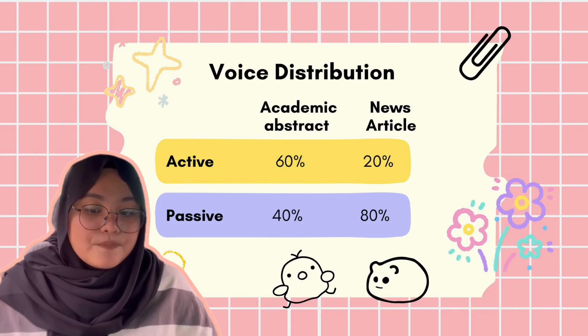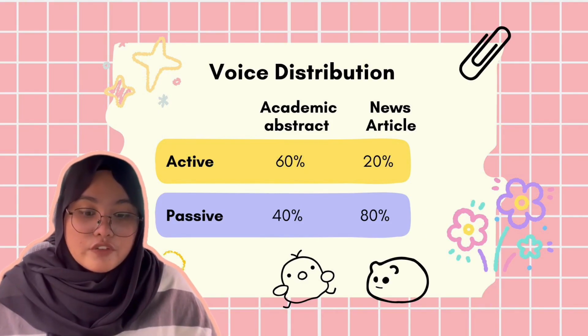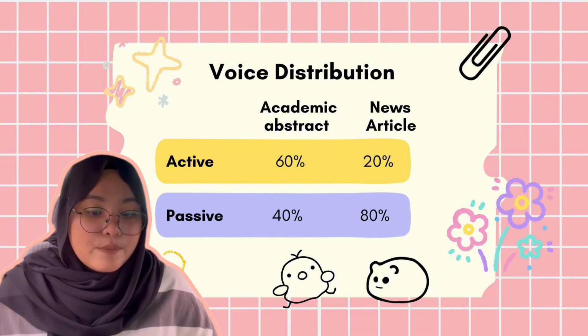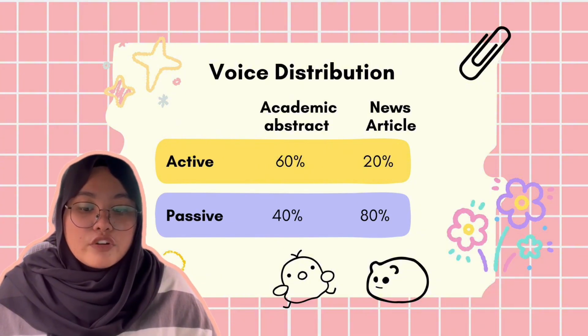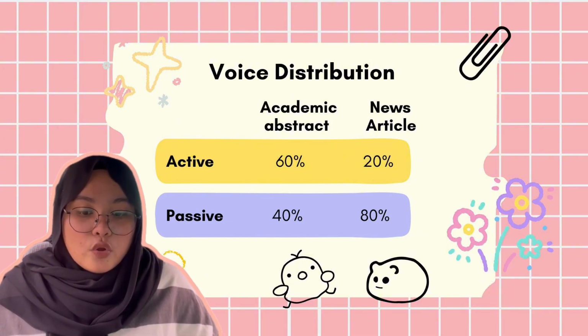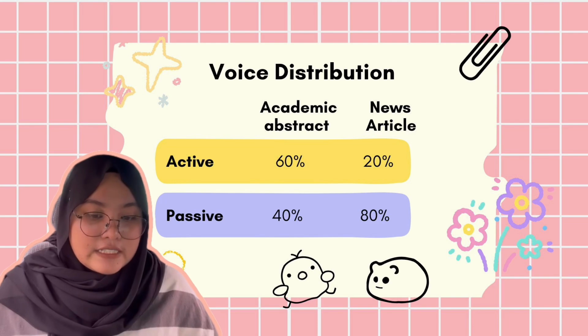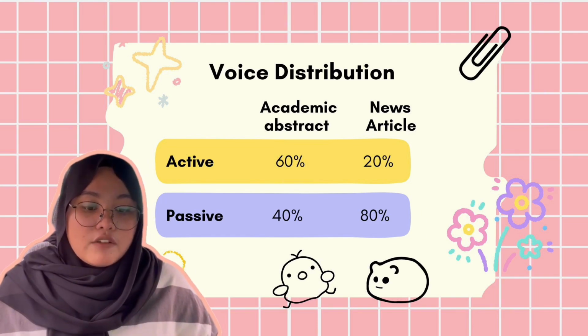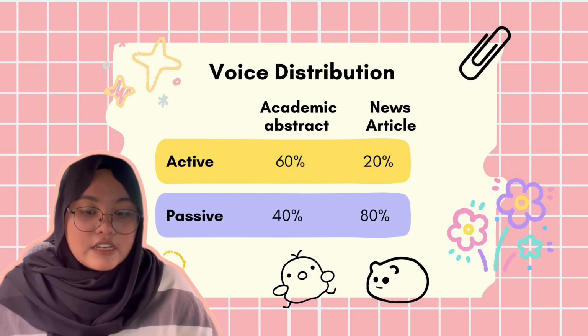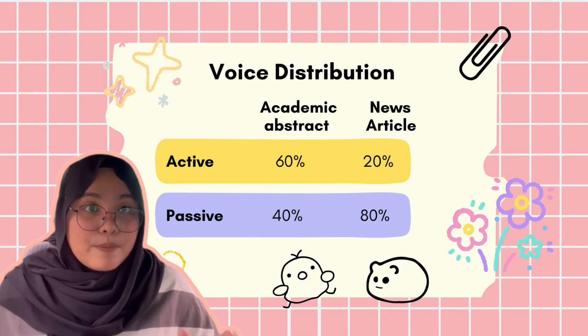And this aligns with news values, where the impact of an event is often more important than who performed the actions. Overall, academic writing values accuracy and neutrality, whereas news reporting prioritizes immediacy and impact.